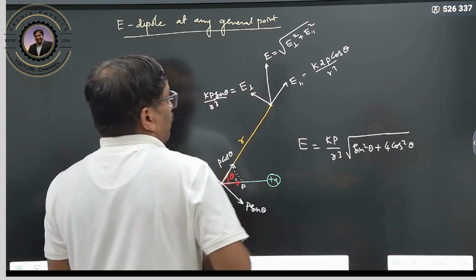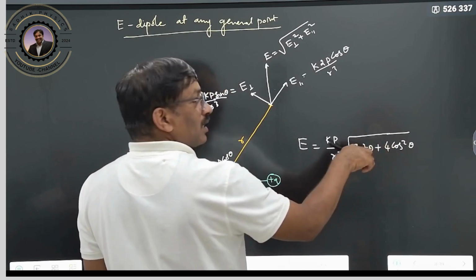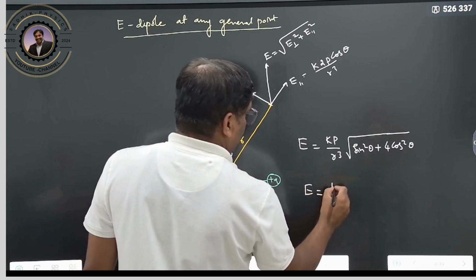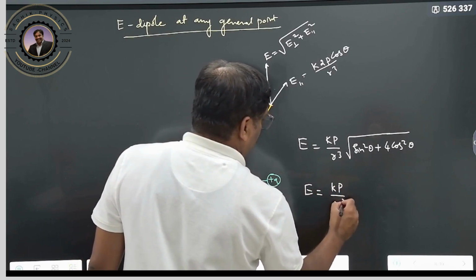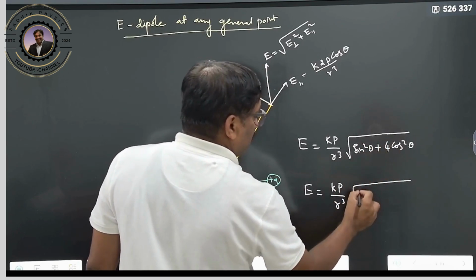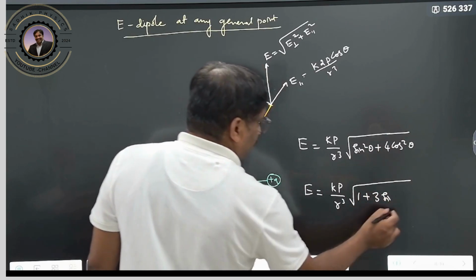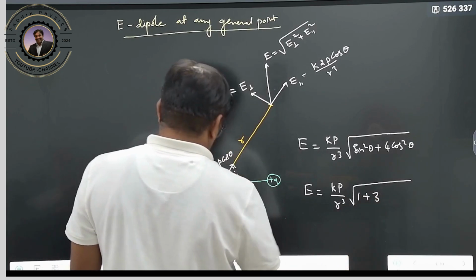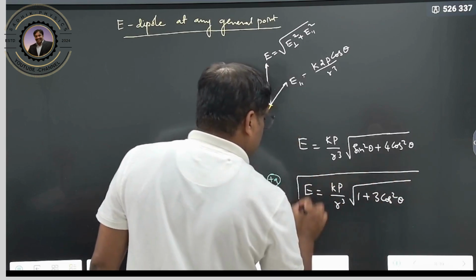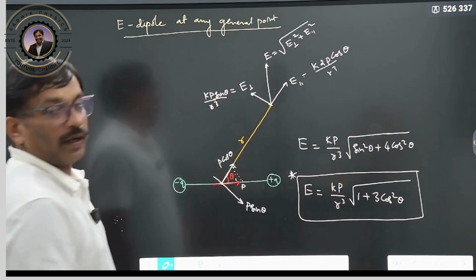Now I can write this as 1 plus 3 cos square theta. So E is equal to K into P by R cube, root of 1 plus 3 cos square theta. This is your electric field at any general point. Understood?